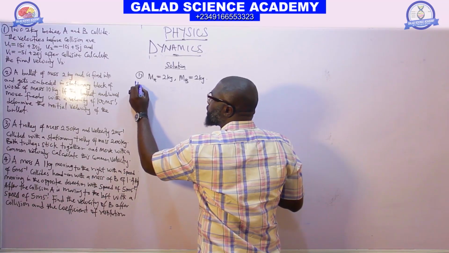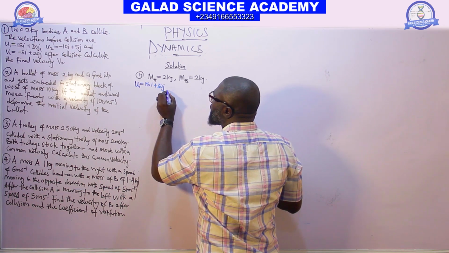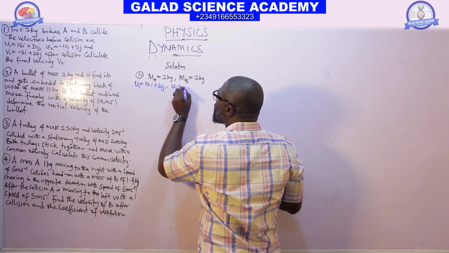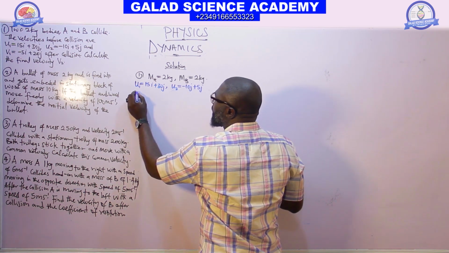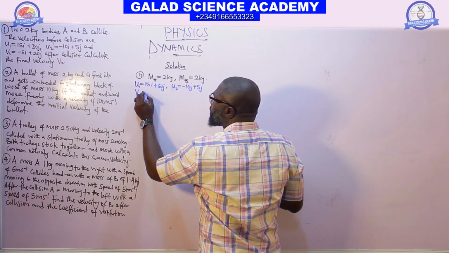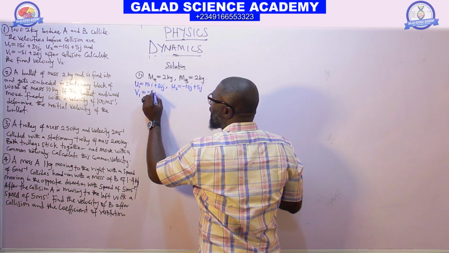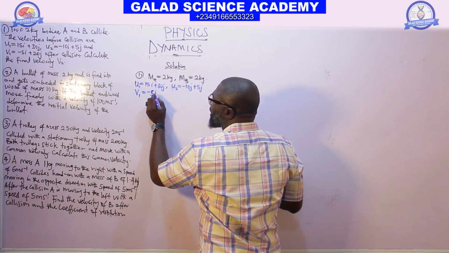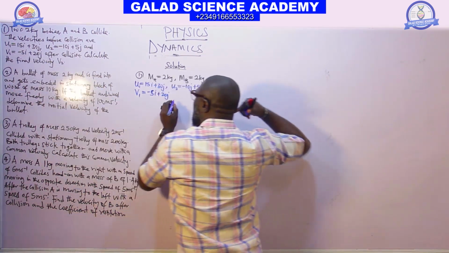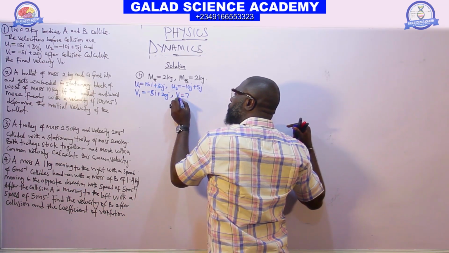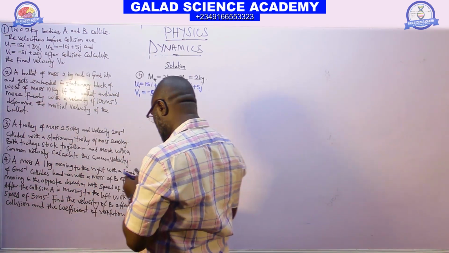We are given u1 as 15i plus 30j, and u2 as minus 10i plus 5j. We have v1 as minus 5i plus 20j, and v2 is unknown. Calculate the final velocity v2.